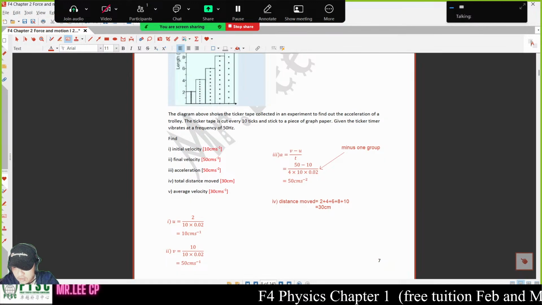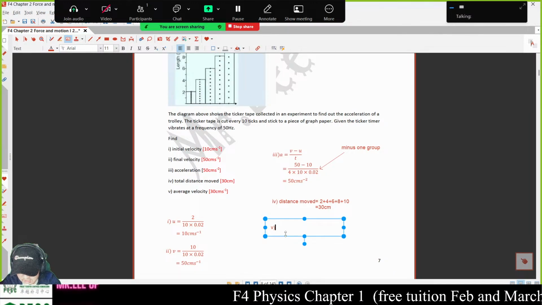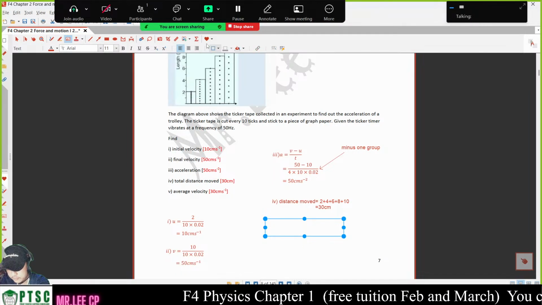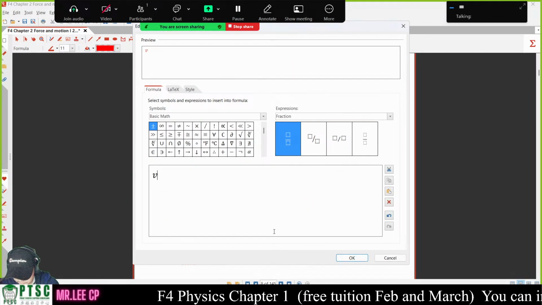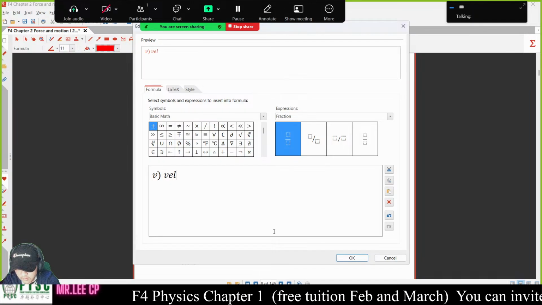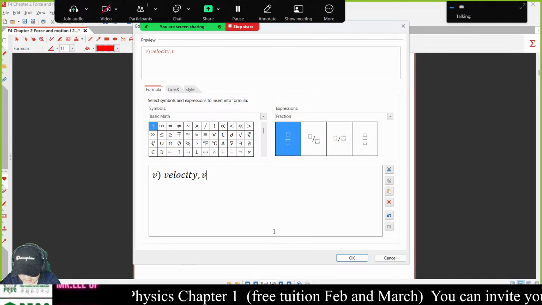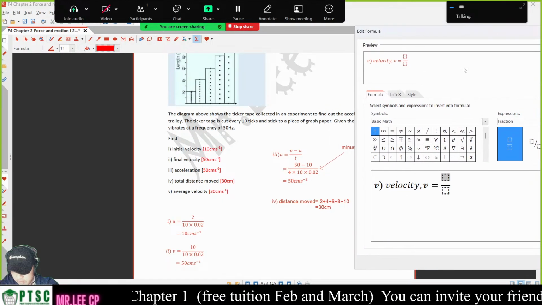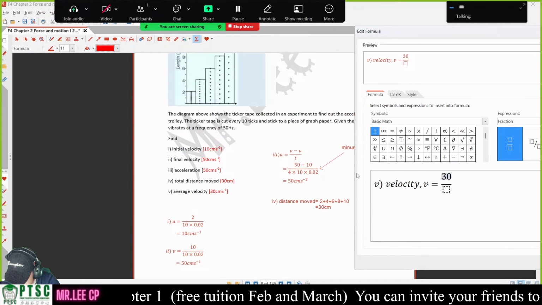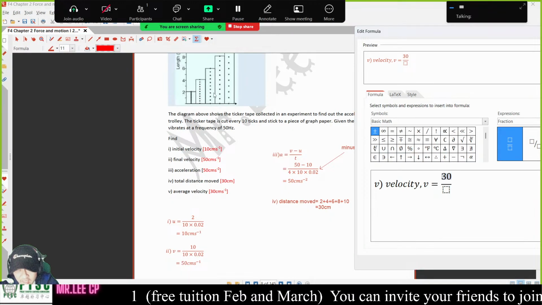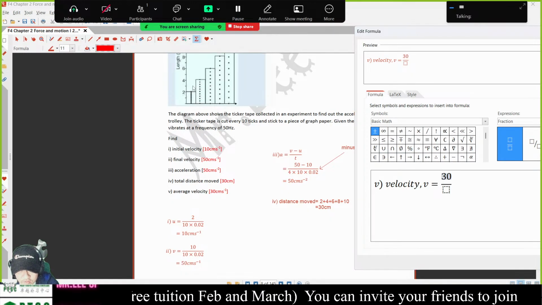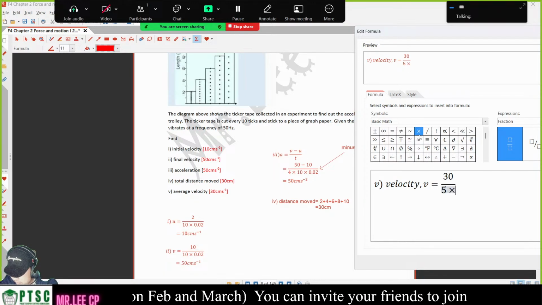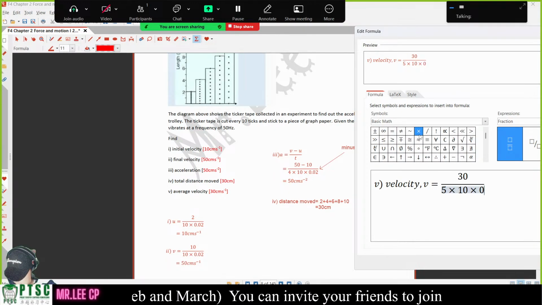So how to find the velocity? Velocity is total distance over the total time. Total distance that you have moved is 30. Total time here 10, 20, 30, 40, 50 ticks, right? So 5 times 10 times 0.02.